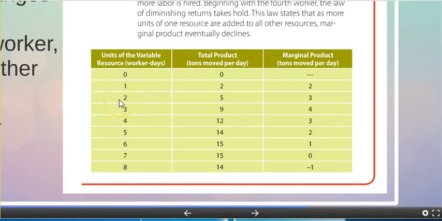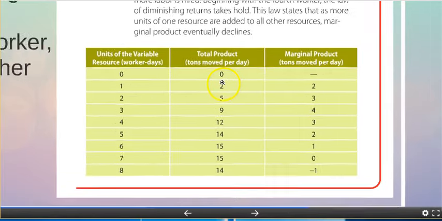When a second is hired, some division of labor occurs and 2 can move the big stuff more easily. So production more than doubles to 5 tons per day. The marginal product of a second worker is 3 tons per day, the difference between 2 and 5.